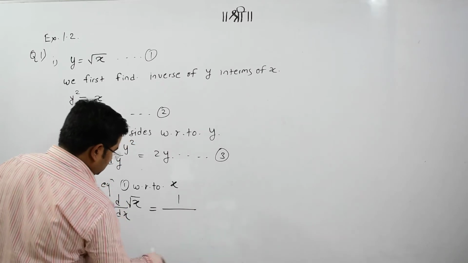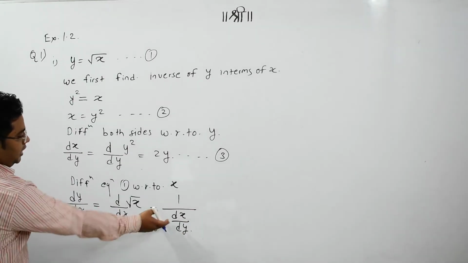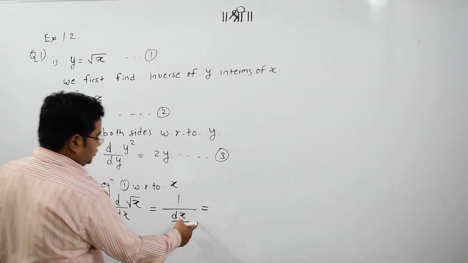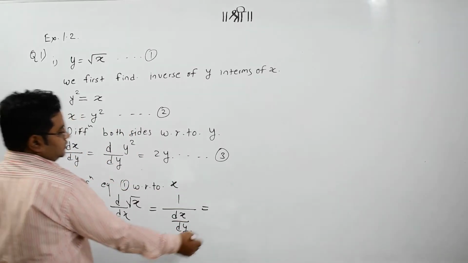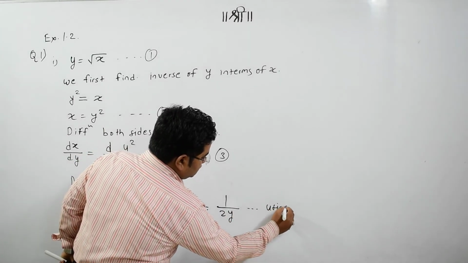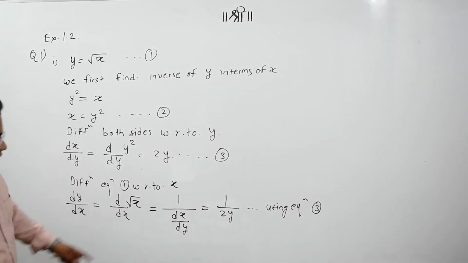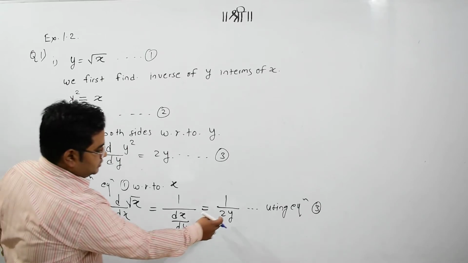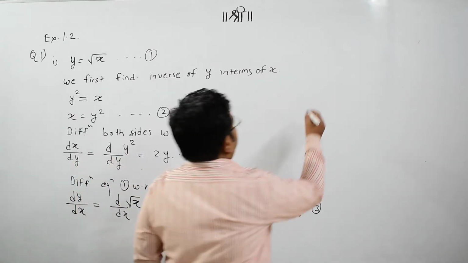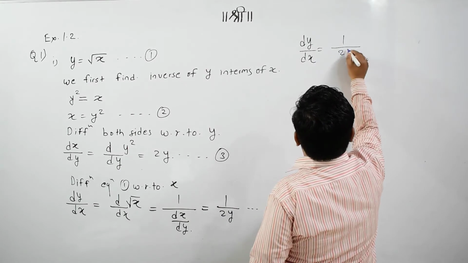The most important parameter is 1 upon dx upon dy. We already have this, so we just substitute the value. Using equation 3, we substitute 2y for dx upon dy. So dy upon dx is equal to 1 upon 2y.